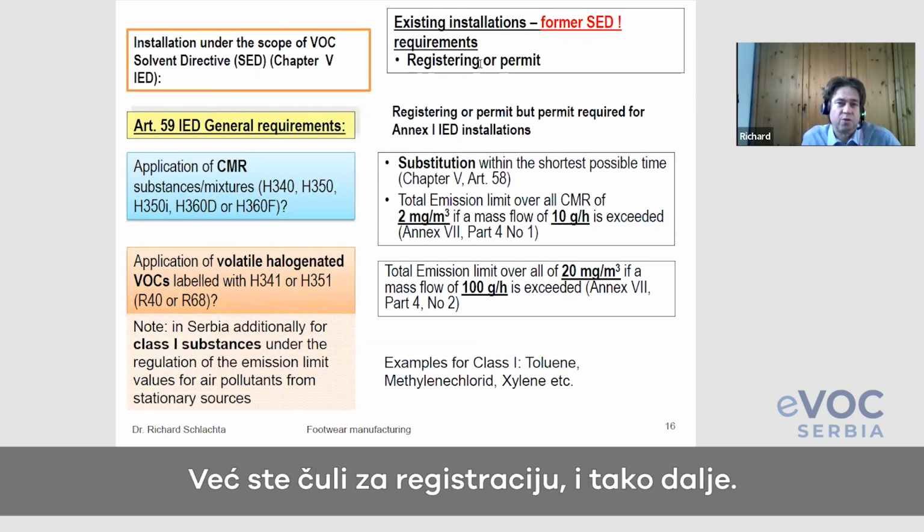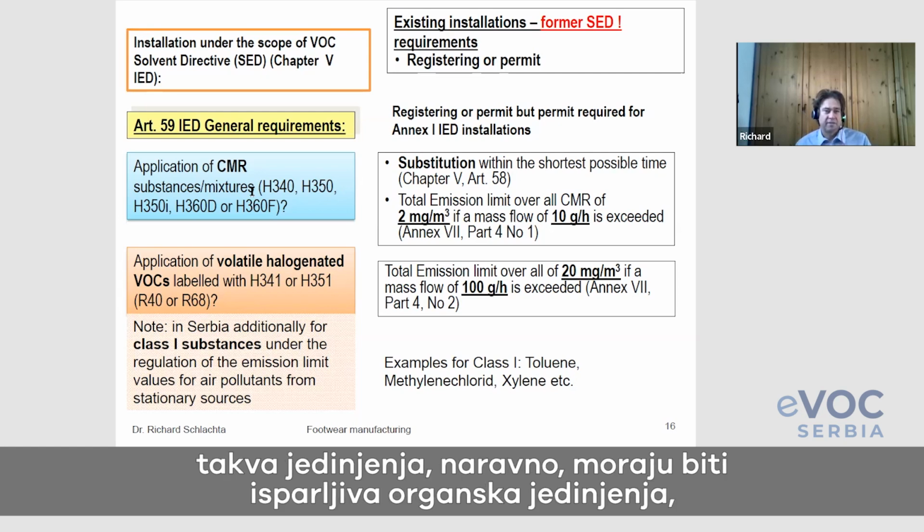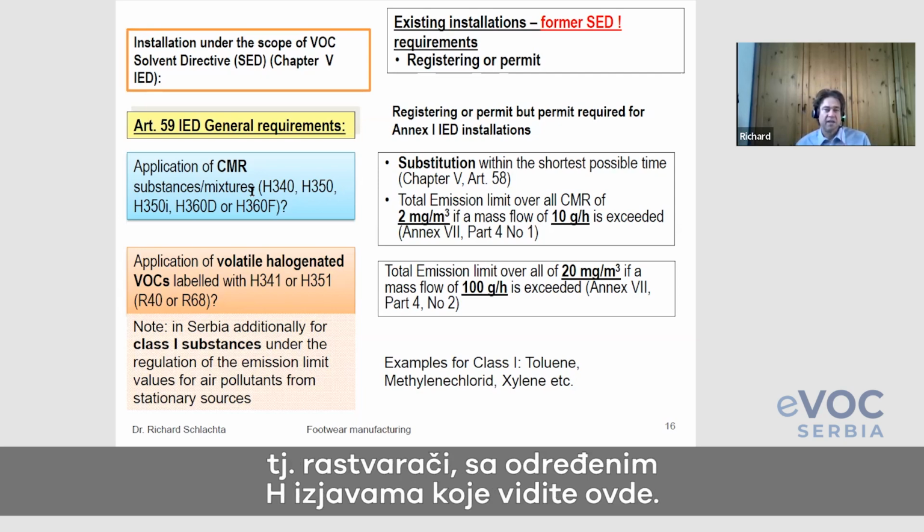You have heard already about the registration and so on. Important is always the application of CMR. That means CMR are carcinogenic, mutagenic, and toxic for reproduction. And such compounds must be, of course, volatile organic solvents with the certain so-called H statements that you see here.